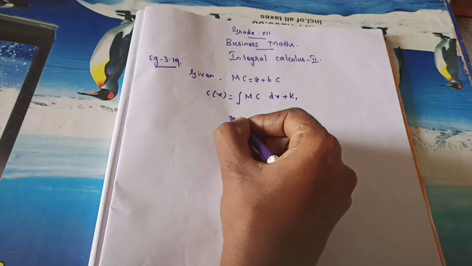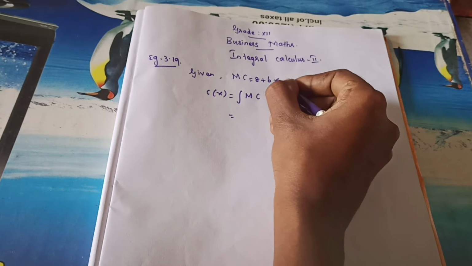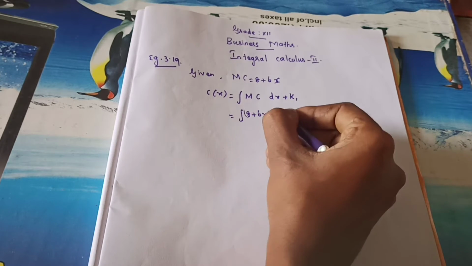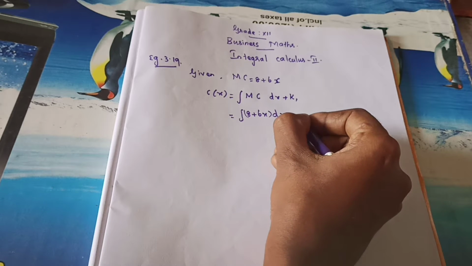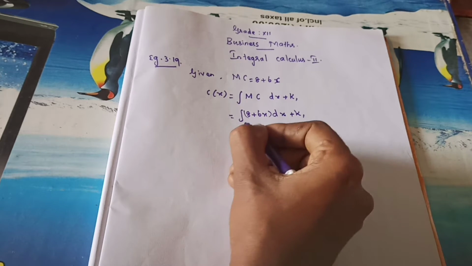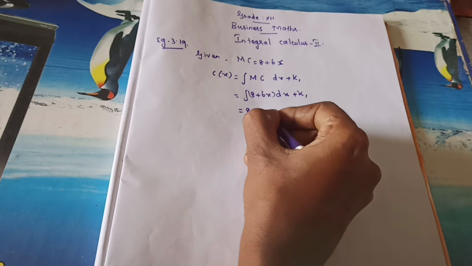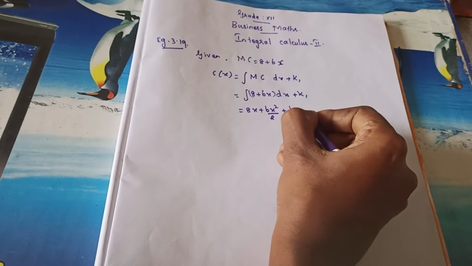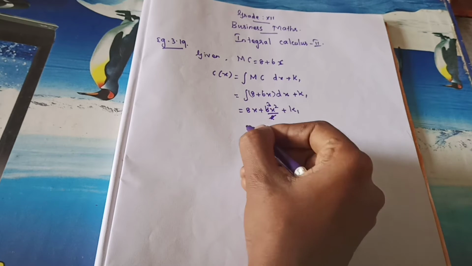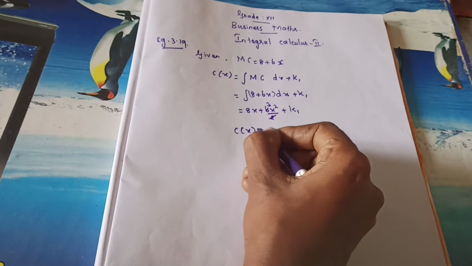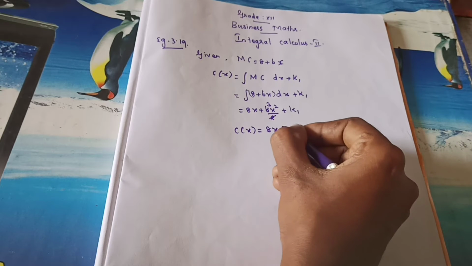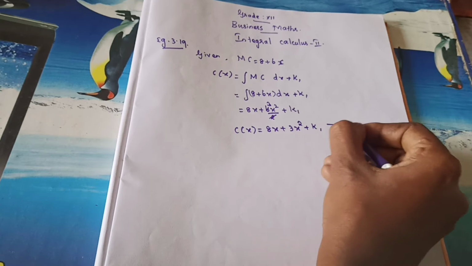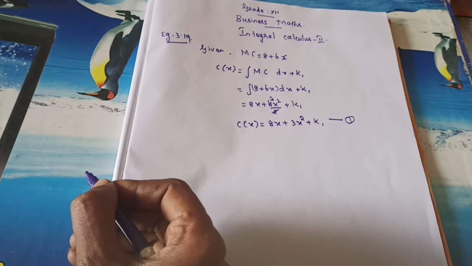Substitute the value: integration of 8 plus 6x dx plus k1. Now we integrate it: 8x plus 6x square by 2 plus k1. This 2 will get cancelled, so you will get the value of C of x as 8x plus 3x square plus k1. Take this as equation number 1.